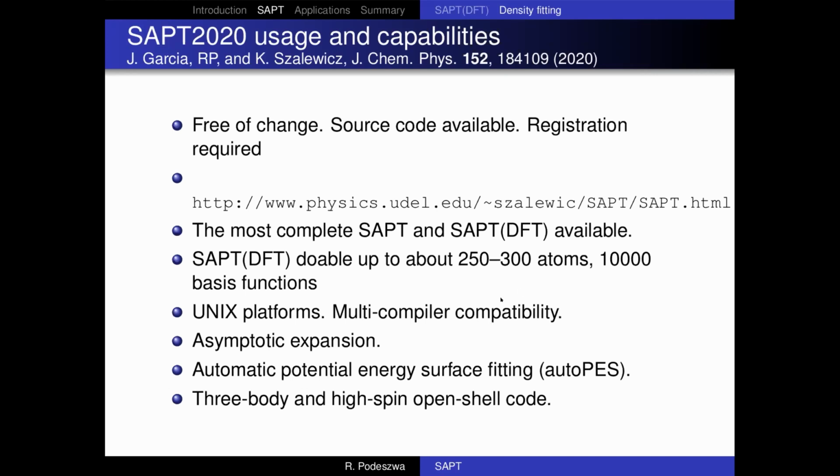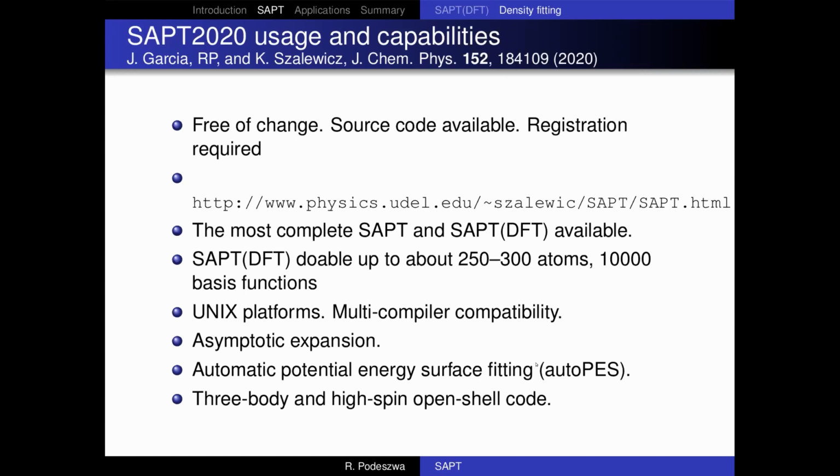And it's a whole package, not only SAPT, but also other codes for asymptotic expansion. So you can get a seamless connection with asymptotics. Also, there is this code for automatic potential energy surface fitting, also called AutoPES.